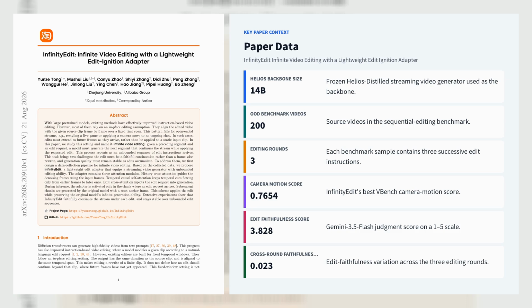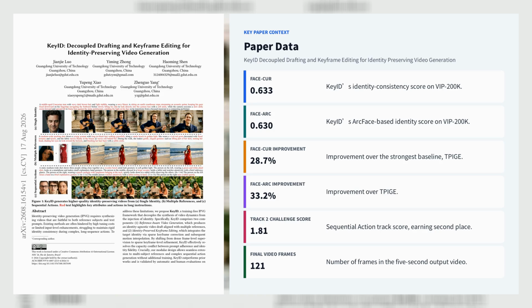Its edit faithfulness standard deviation across rounds was only 0.023, indicating minimal degradation, and long video tests remain stable beyond 1,000 frames. The method targets open-ended use cases such as continuously restyling live footage or changing camera motion in an ongoing shot.